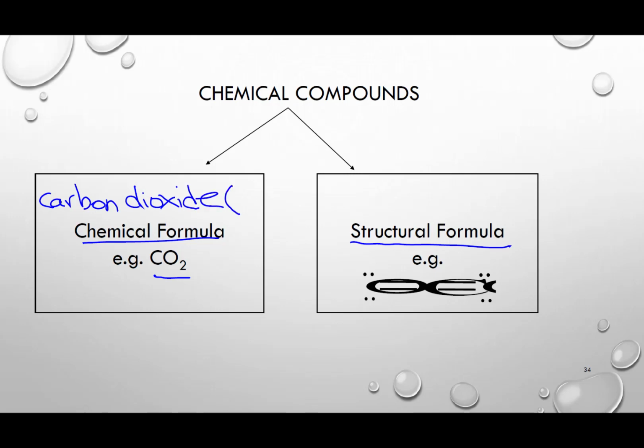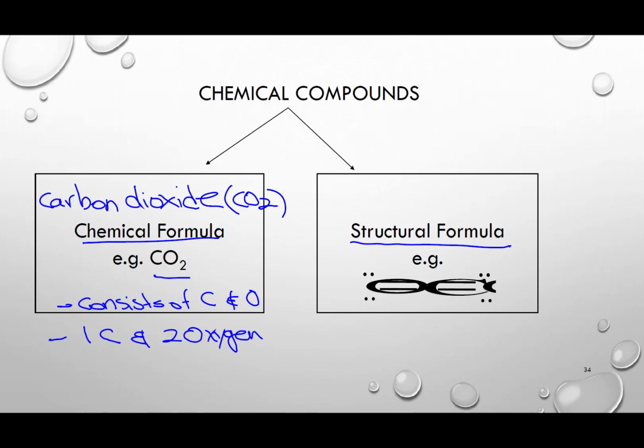Then the information that you get from it is that this compound consists of carbon and oxygen, and it has 1 carbon and 2 oxygen. That's all the information that you get from a chemical formula.